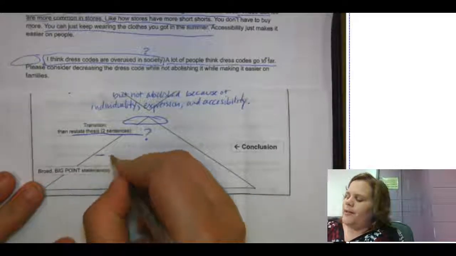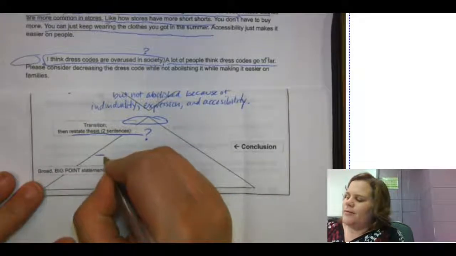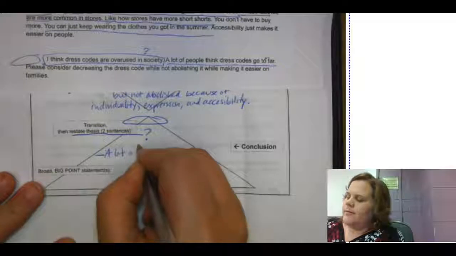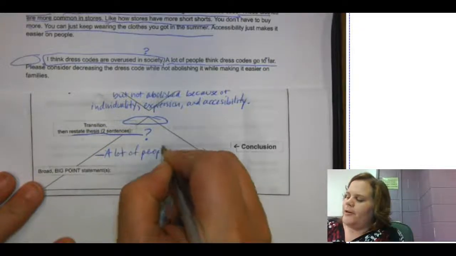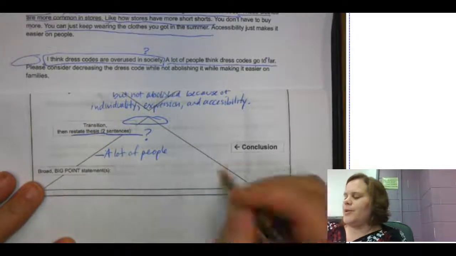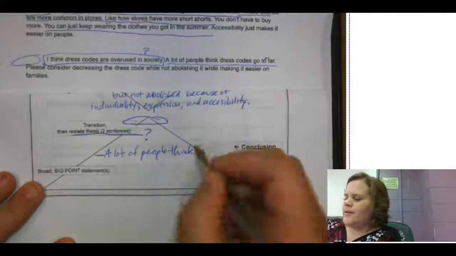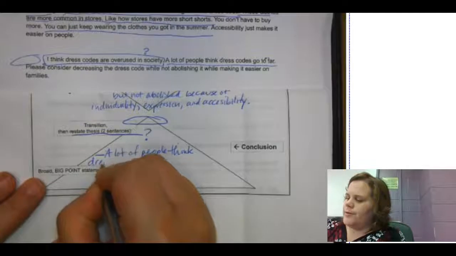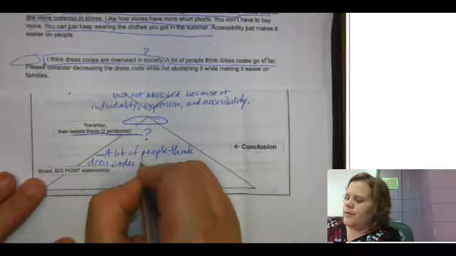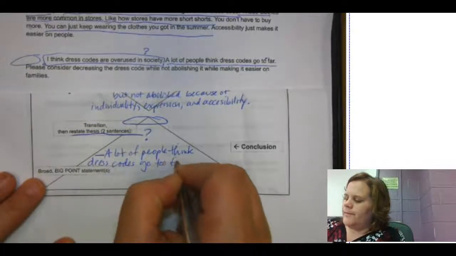So that might be a sentence like here, because he was talking about letting up on something. Maybe it was going too far. So a lot of people think dress codes go too far.